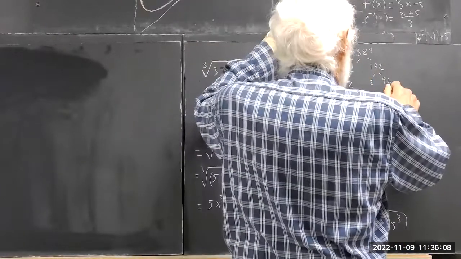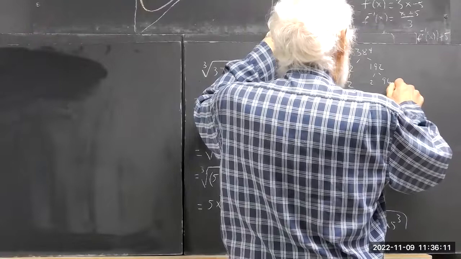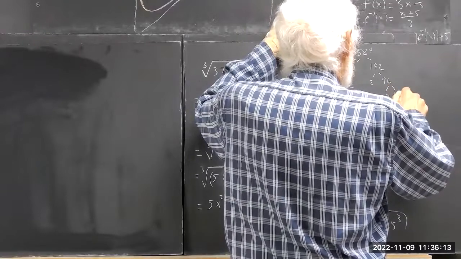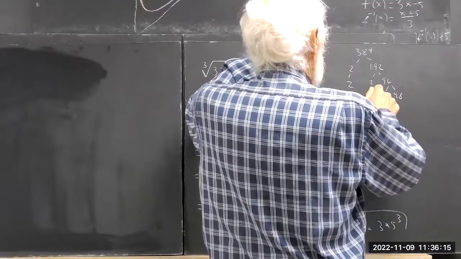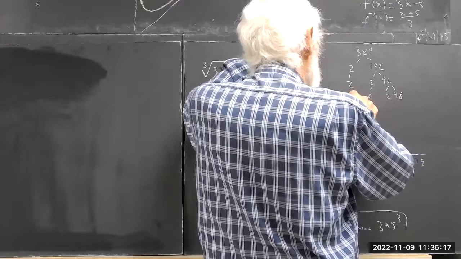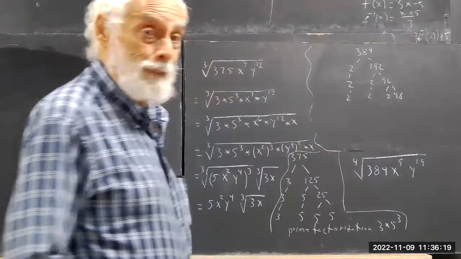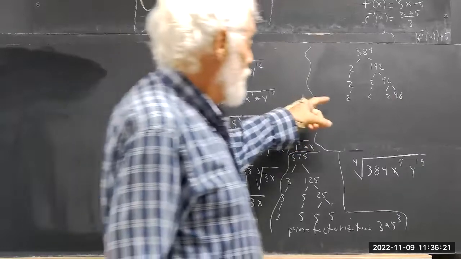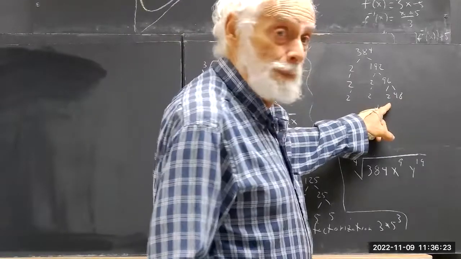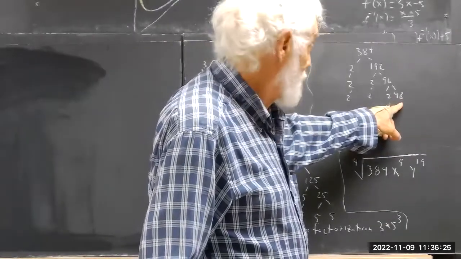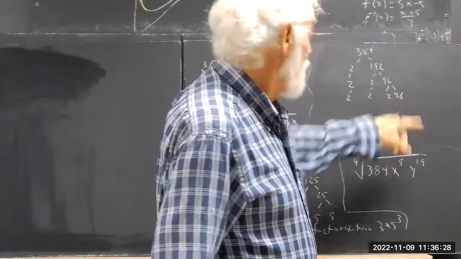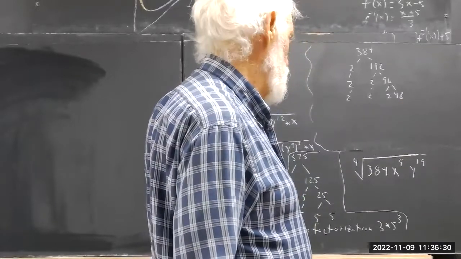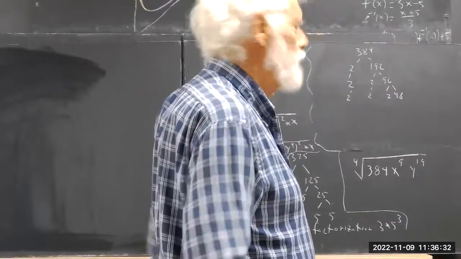Okay, it's a little tedious to write it out. That's part of life. 96 is 2 times 48. I've got to bring these 2s down, because again, if I multiply these out, 2 times 2 times 2 is 8, and 8 times 48, you can verify, is 384.